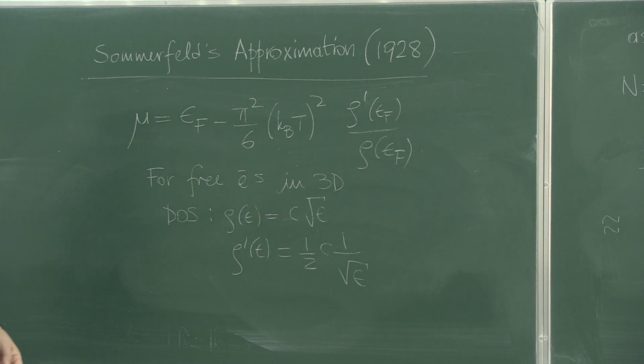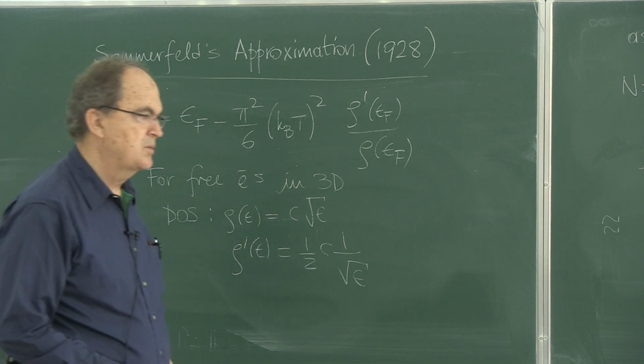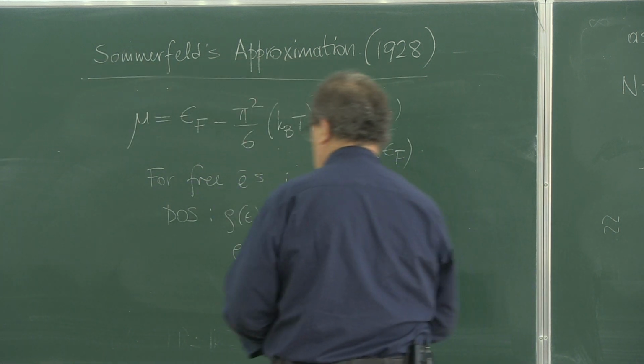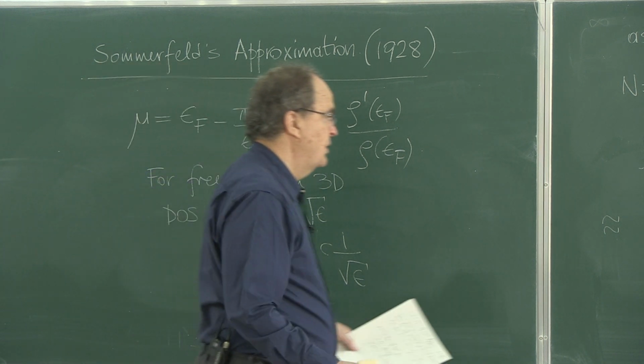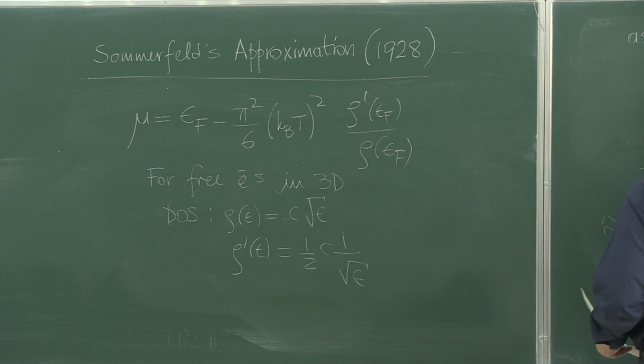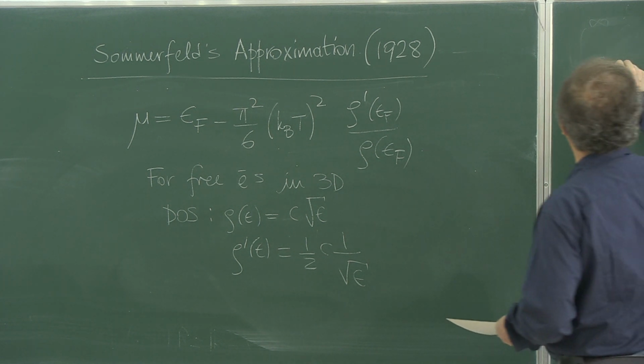When you take the derivative, it is 1/2 minus 1, minus 1/2. Very simple. So we have an explicit temperature dependence of the chemical potential at very low temperatures.